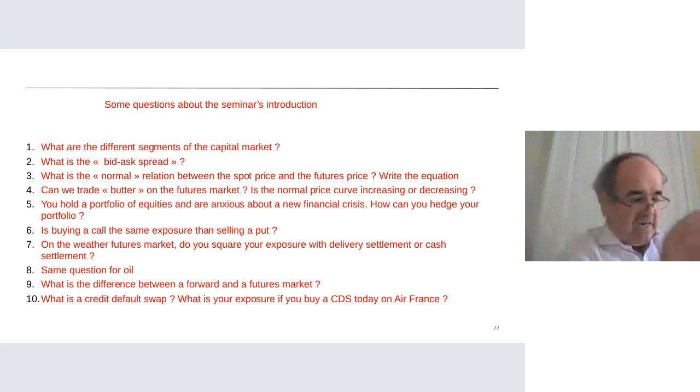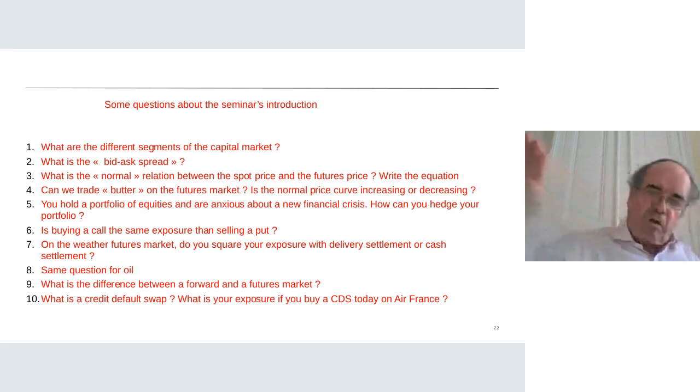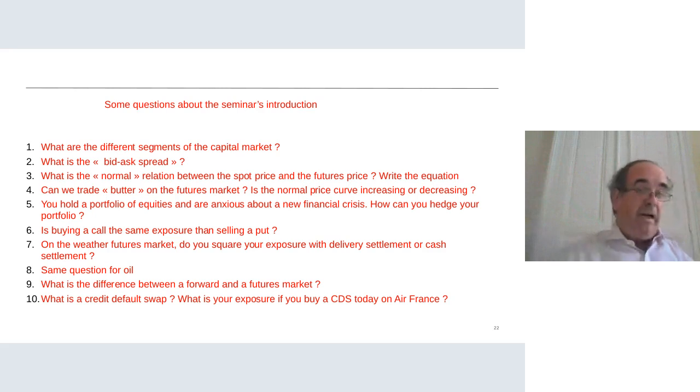If Greece defaults, the price of the bond will move down. I will buy back the bonds and I will make money, and the money will offset my loss on the CDS.